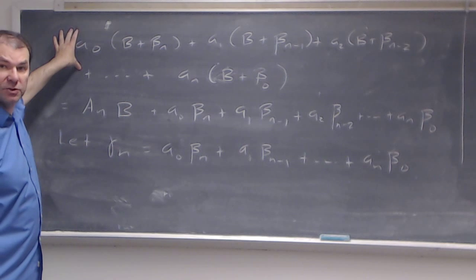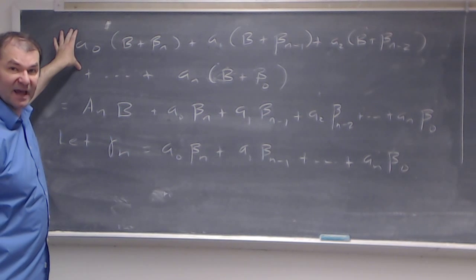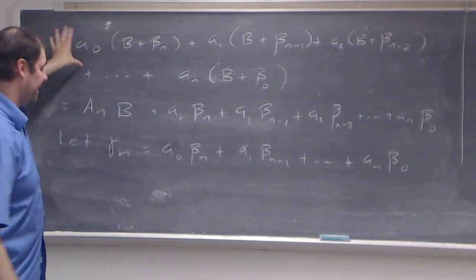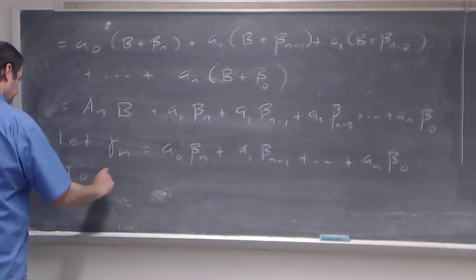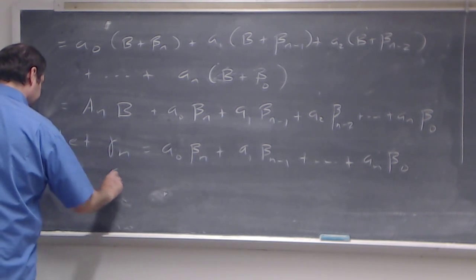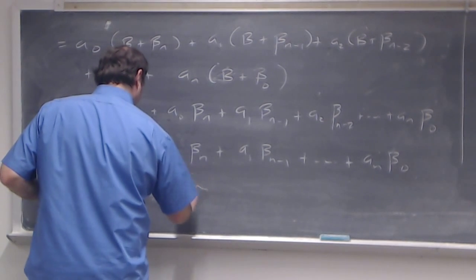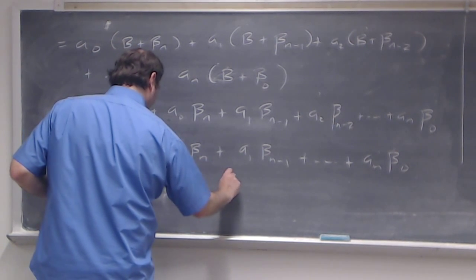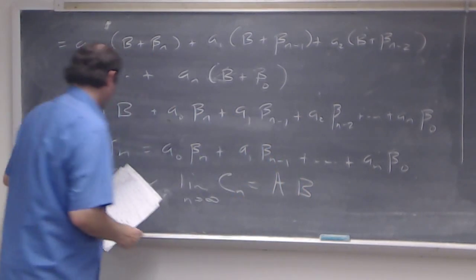And what we want to do for the theorem is we want to show that the sequence of partial sums for that product series converges to big A times big B. So let me write that down. We want to show that the limit as n goes to infinity of the script C sub n is equal to A times B, okay?